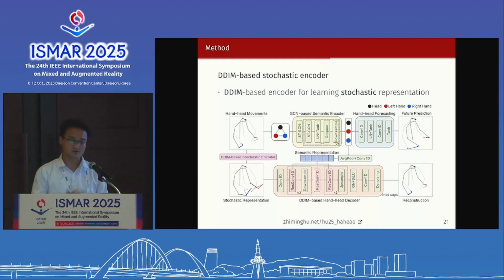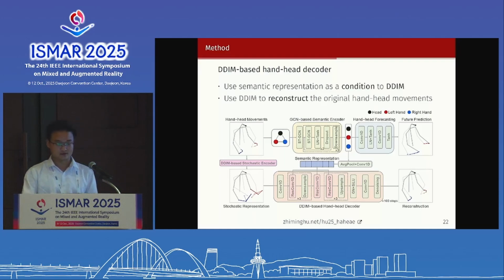And we also propose a DIM, denoting diffusion implicit model, to encode the stochastic variations from the signals. We know the signals have many variations.